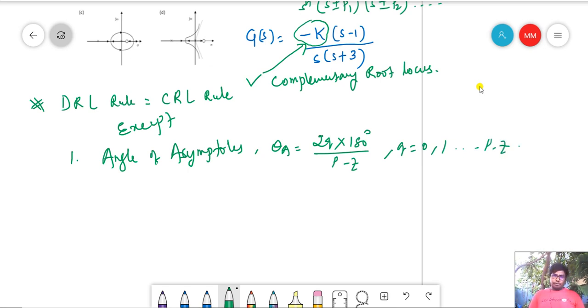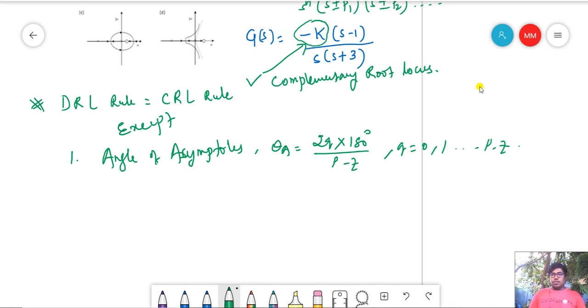In the direct root locus we consider odd multiples of 180 degrees, but in this case, even multiples of 180 degrees.